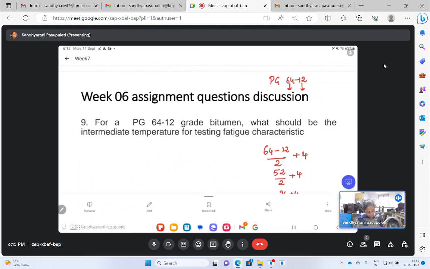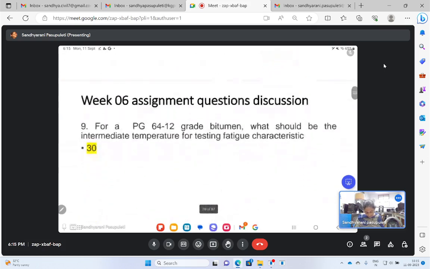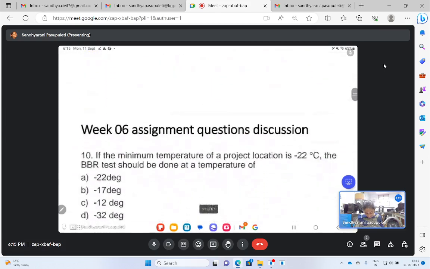Thereby, if your upper PG temperature is 64 degrees and the lower temperature at which we determine the low temperature properties is minus 12, then we have to perform the fatigue test at 30 degrees. So the answer is 30.